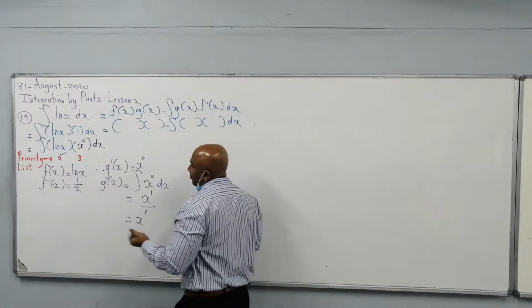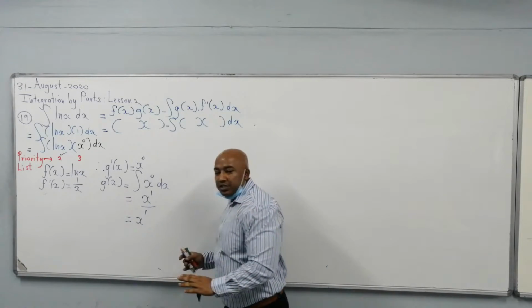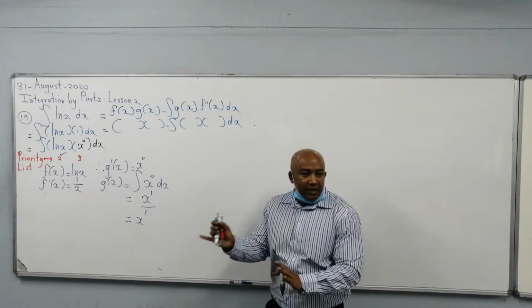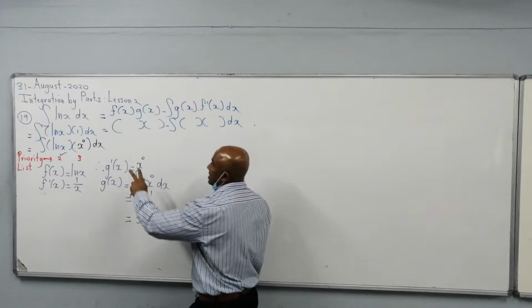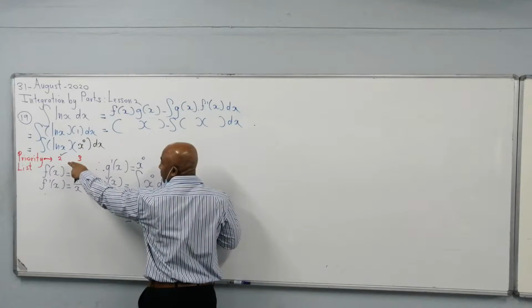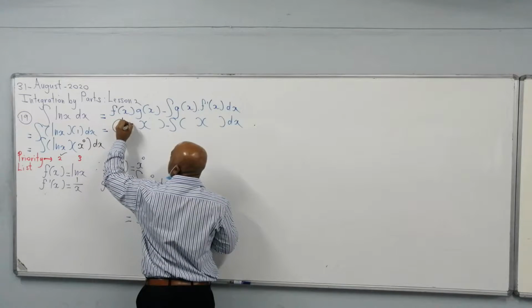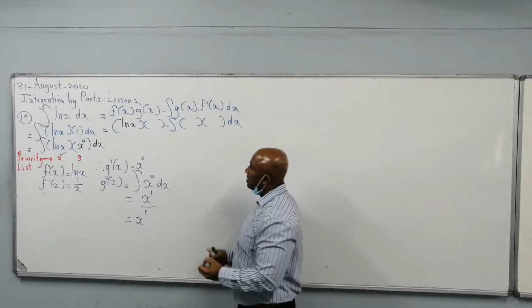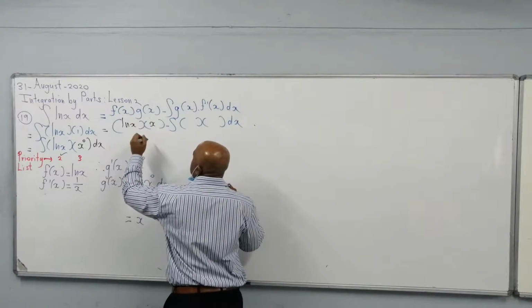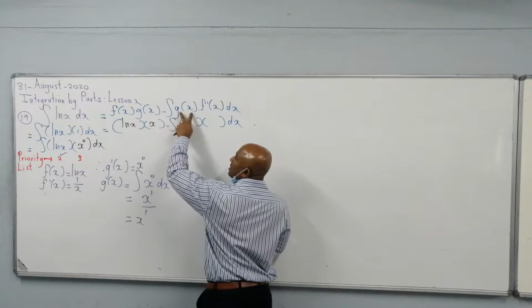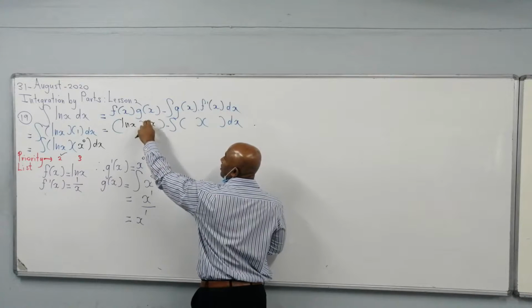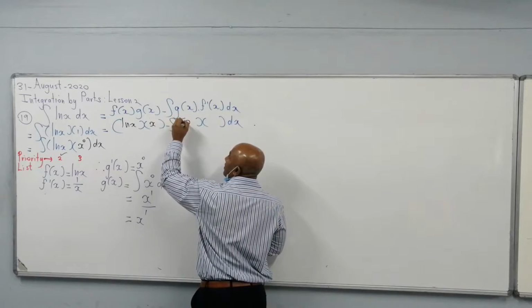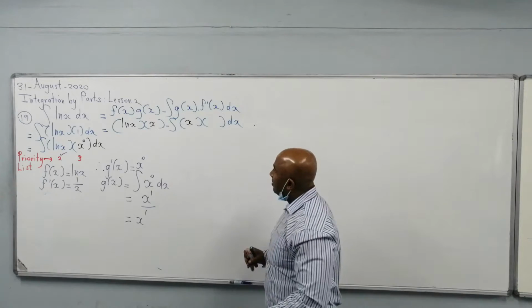So what is my f of x here? Be careful now, make sure you don't substitute f prime instead of f. So this is f of x, the original f of x that you chose, which is ln x. And then g of x here is x. Remember, g of x appears twice in the formula, so whatever you write down here, which is g of x, you copy it down here.